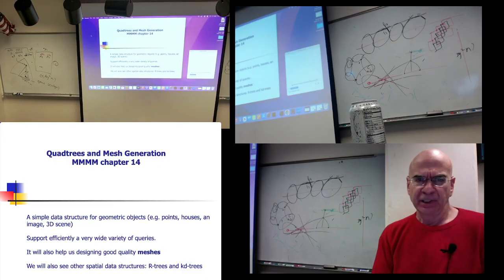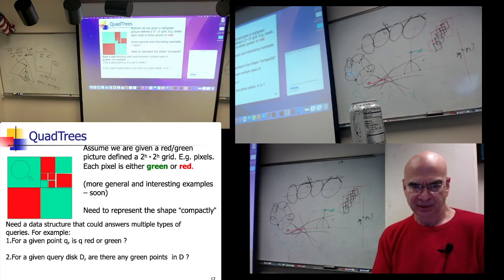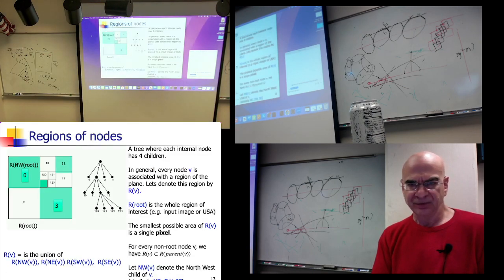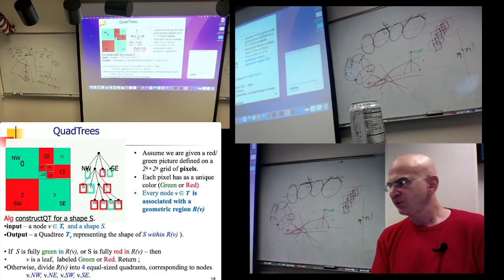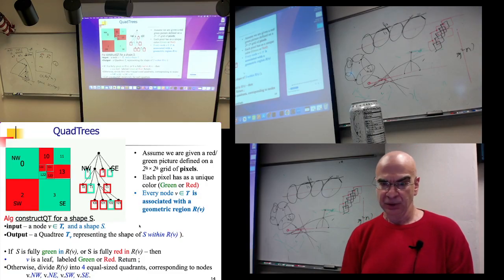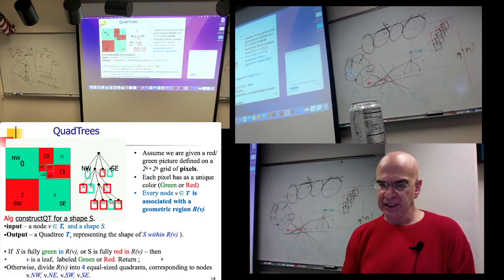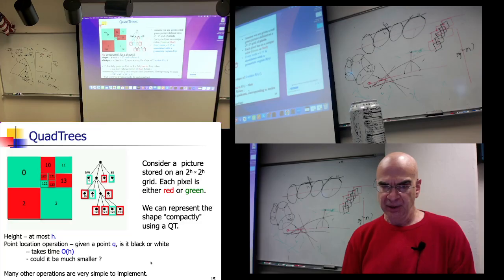Okay, we had a lot of trees, some with different applications. Quad trees, we talked about quad trees for images, quad trees for points. Points might be given on a grid of size 2 to the h times 2 to the h.